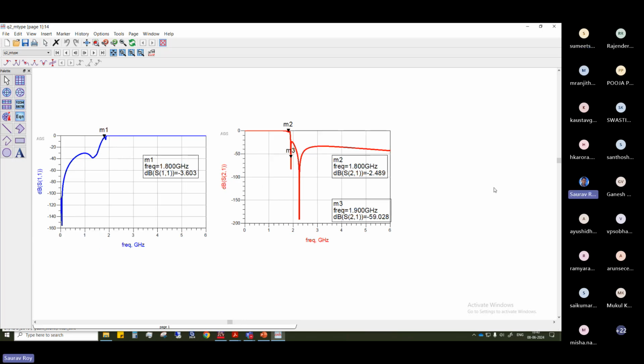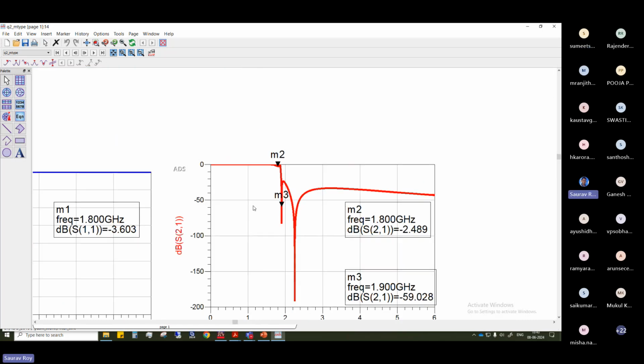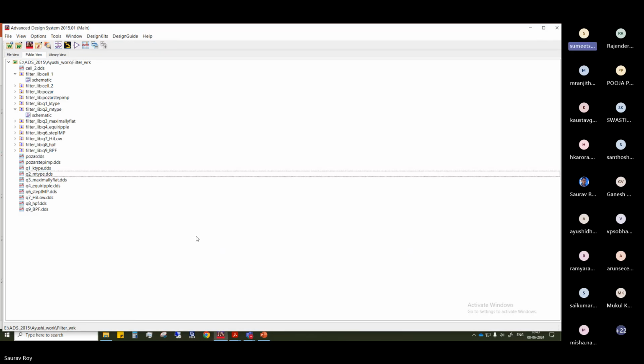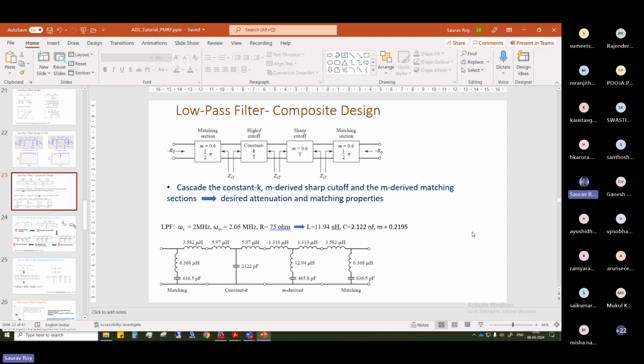Because of this M-derived section, you see how the roll-off has drastically improved. That is one of your tasks in the second assignment, you will see it yourself, and the S11 is given. So this is very simple and you can do it yourself. Is there any question until now?